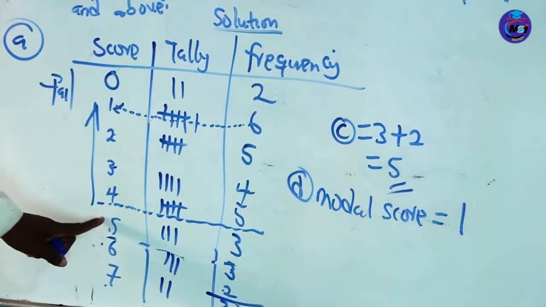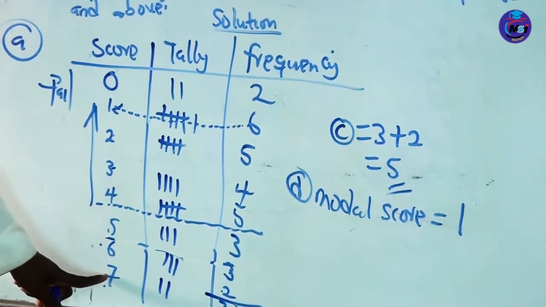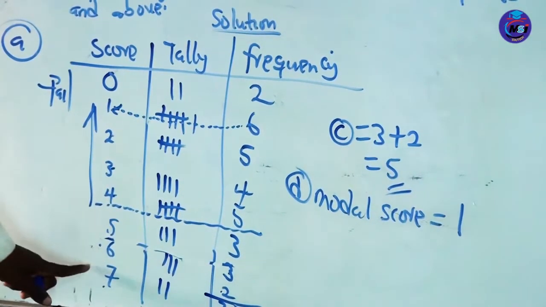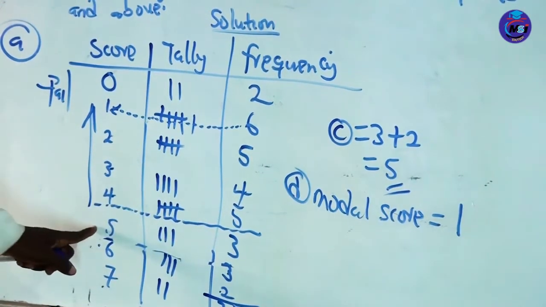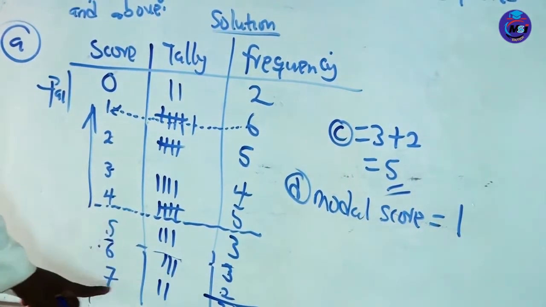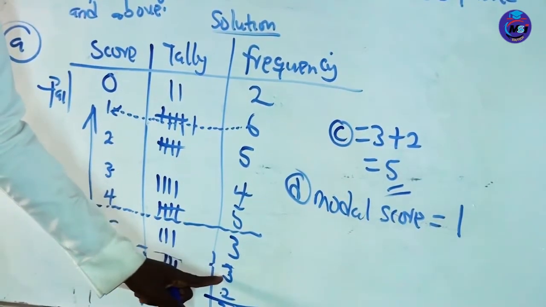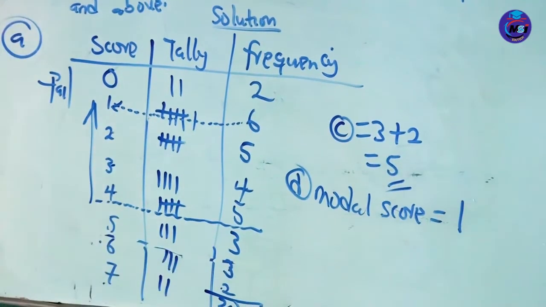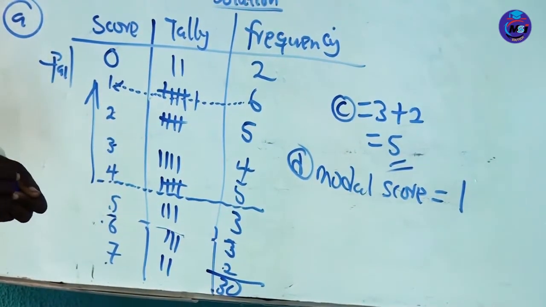The pass mark is 5. That means if you have 6, you pass. If you have 7, you pass. So what are we going to do? We are going to add the frequency of 5, 6, and 7. So when you add it together, you are going to get 3 plus 3, which will give us 6. 6 plus 2, which will give us 8.